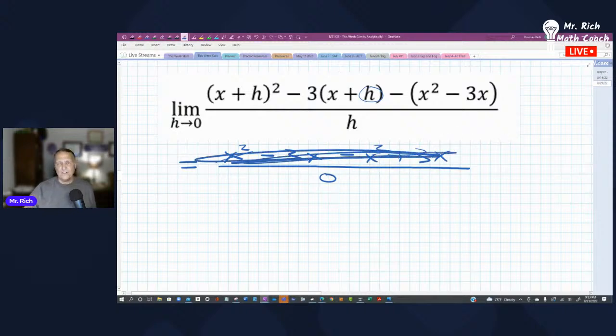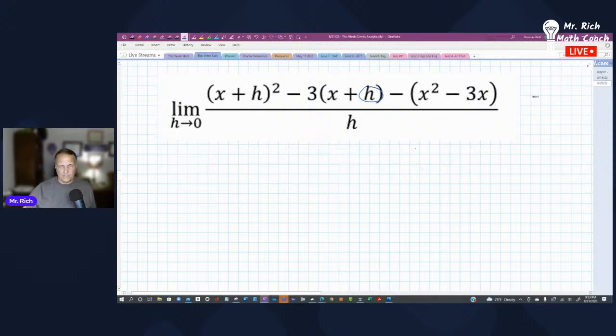So what can we do? This ends up being 0 over 0 when h goes to 0. So what I'm going to do is I really only have one choice, and that's to expand everything that I have here and then simplify. So this would become x squared plus 2xh plus h squared.